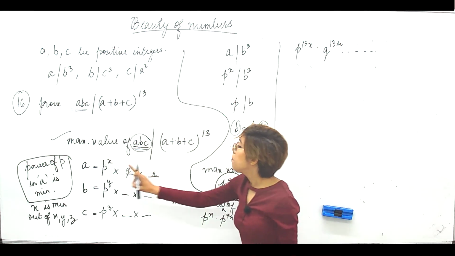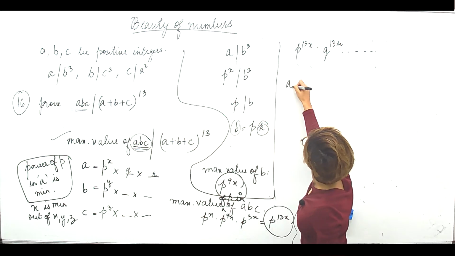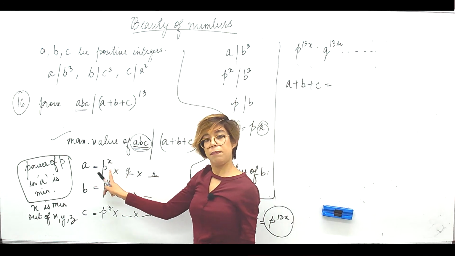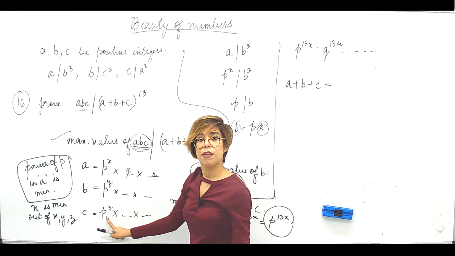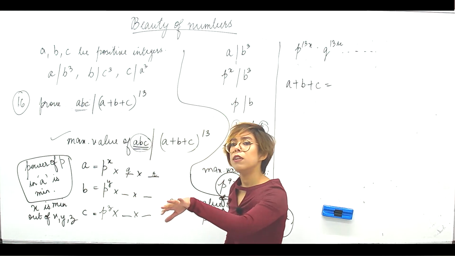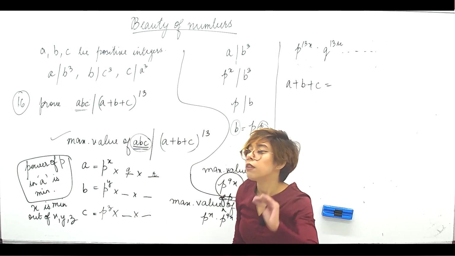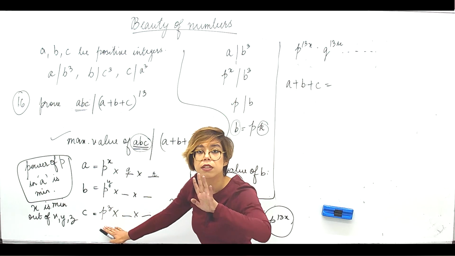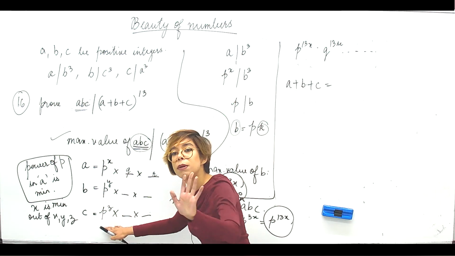Now, A plus B plus C. Now check. A plus B plus C. Now C has P here, P here, P here. Don't you think when I add the three, P can be taken out? At least P will be common, right? Whatever. Here P raised power 1 can be there, P square, P raised power 7. At least P will be common out, right?